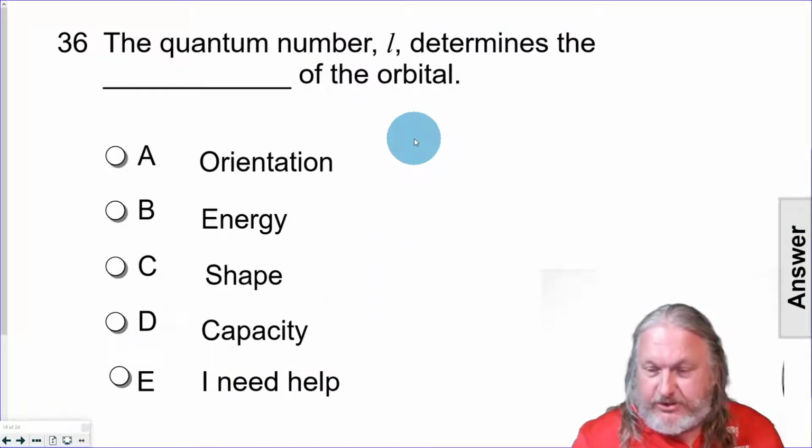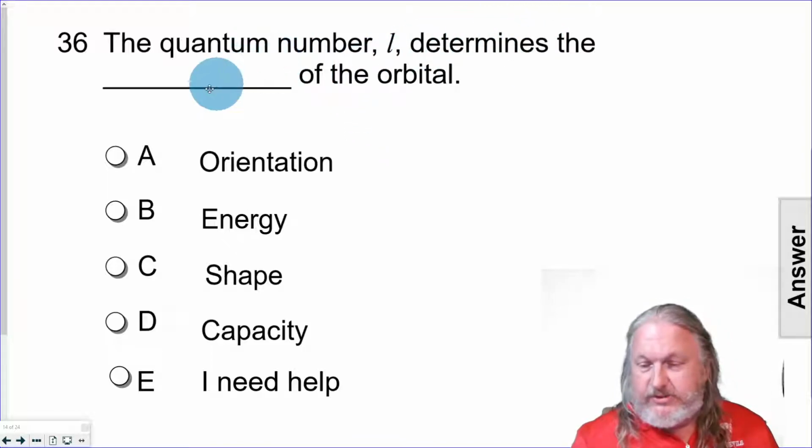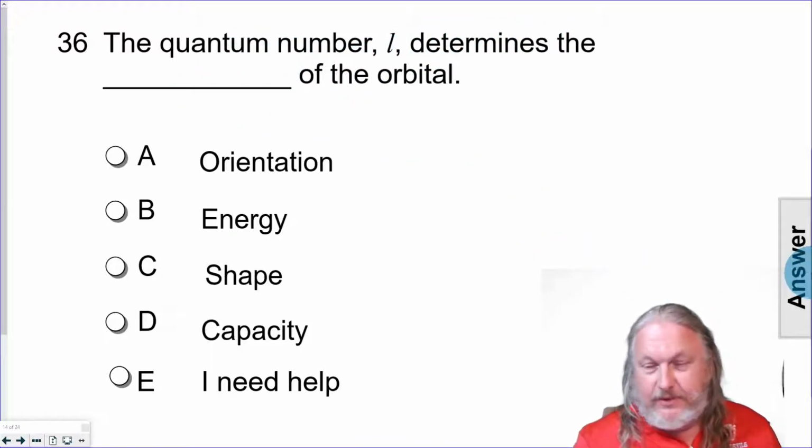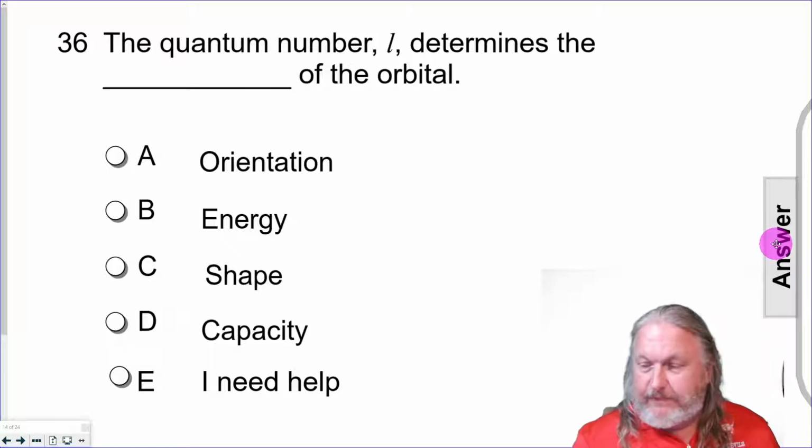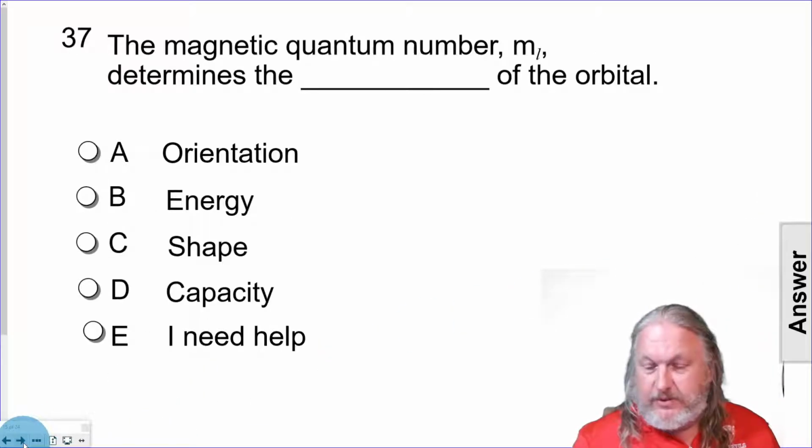So let's take a quick check. The quantum number L determines the what? Pause. And of course the answer is the shape. L determines the shape. So let's see, ML, the magnetic quantum number, determines the what?